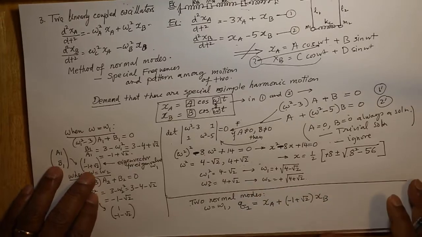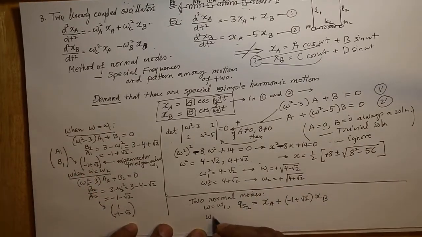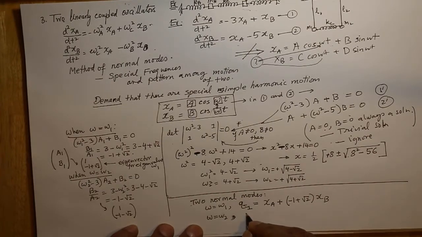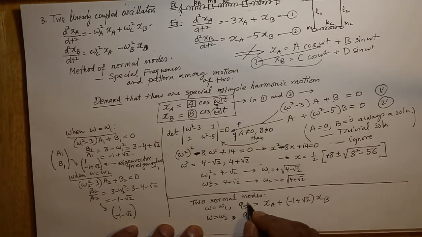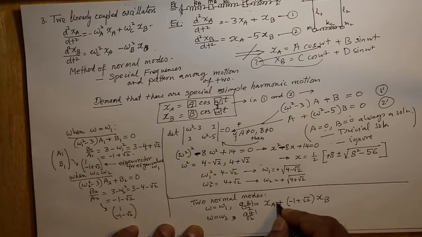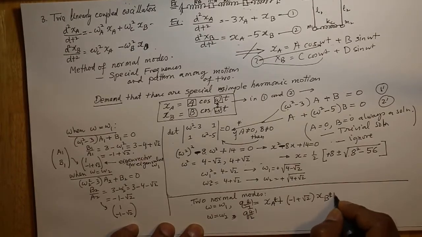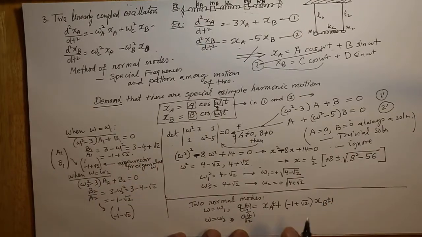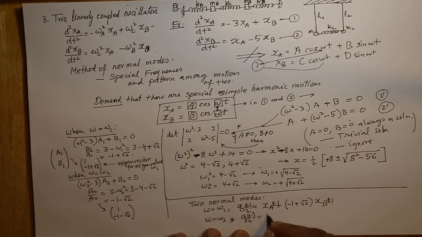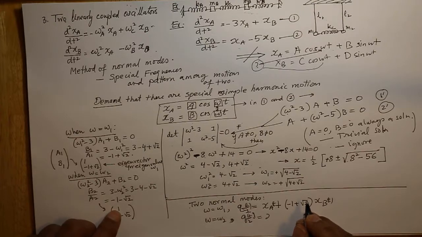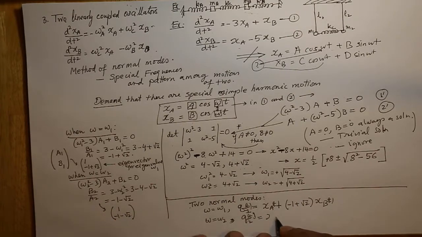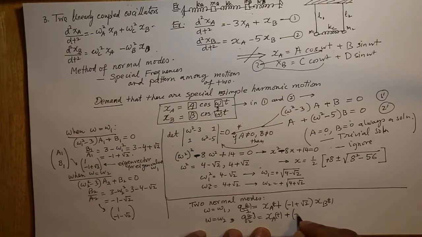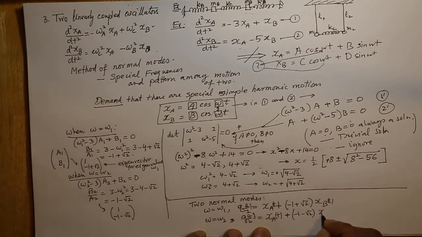When omega equals omega 2, we have Q2, which are functions of time, telling me how this will move. Again, this goes with XA and the next one with XB: XA plus minus 1 minus square root 2 XB.